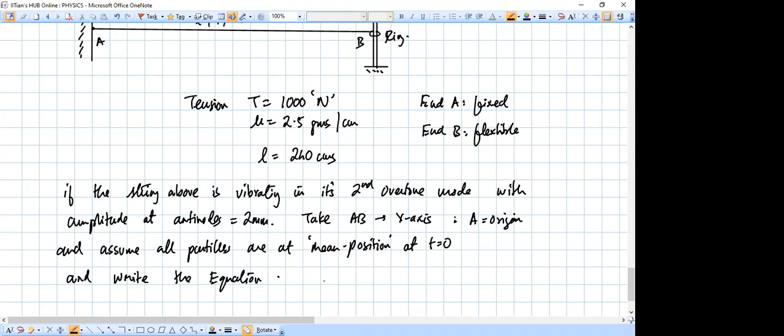Okay. Find its wavelength and frequency. I mean, when you write the equation, everything should be in numerical terms. K, omega, all these things. Okay.